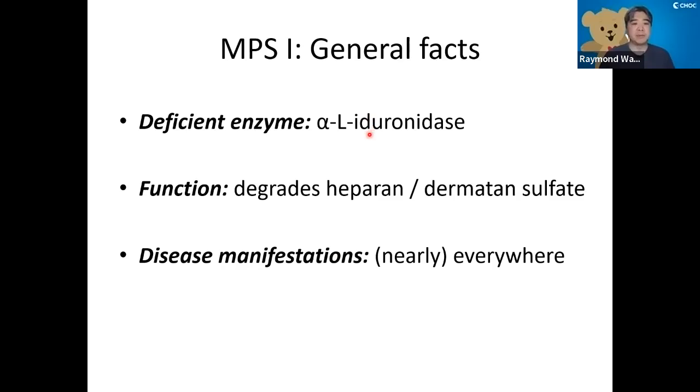And as we alluded to previously, it removes this iduronate sugar moiety from the ends of heparan and dermatan sulfate. And because heparan and dermatan sulfate are found throughout the body, if you're unable to break it down, you're going to have disease manifestations mostly everywhere throughout your system.